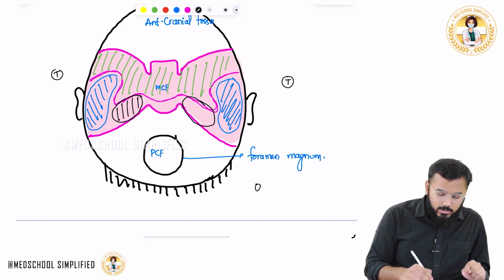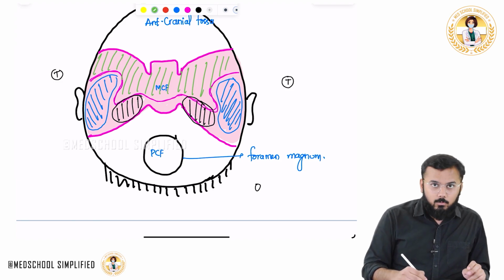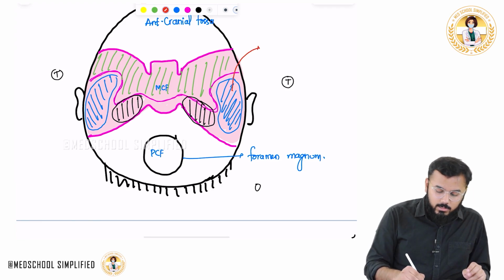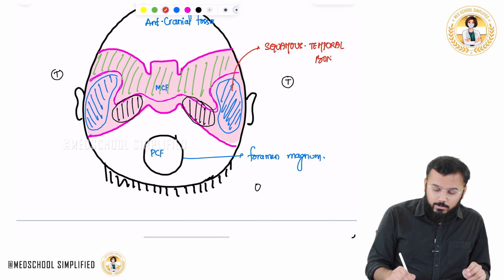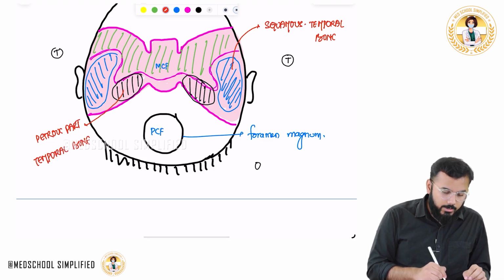These 2 parts are called the petrous part of the temporal bone.